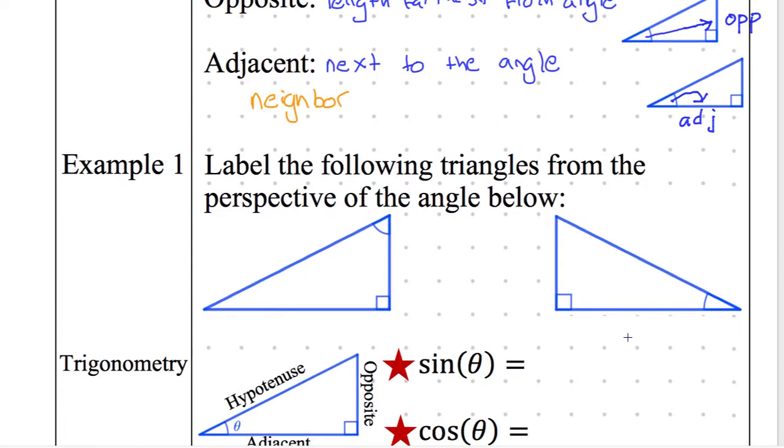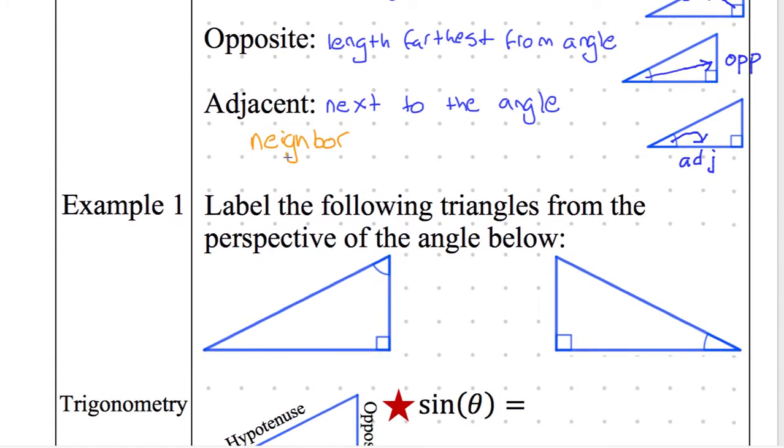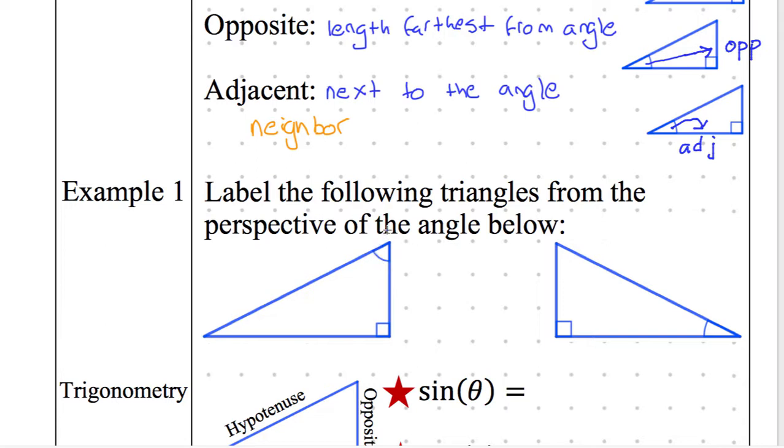So now I'm talking about the angle right here and the angle right here. Those are the two ones with marks. So we need to label these from the perspective of the angle using these three words: hypotenuse, opposite, and adjacent. So from this perspective, can anyone give me one of those three? Someone that still has their card first? I only see one hand.